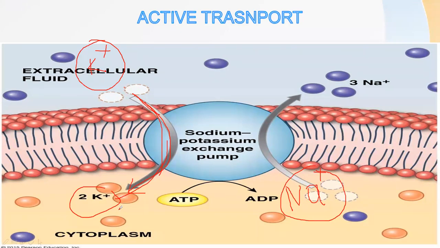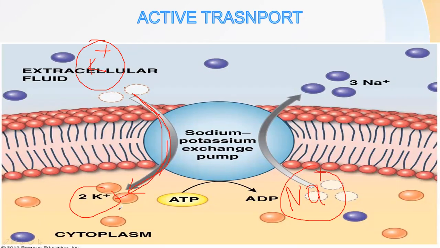To move these ions they use the carrier transport. First, this carrier transport catches some sodium ions and brings them outside of the cell. Once the sodium ions get outside, right away these potassium ions attach to the same carrier proteins, and these carrier proteins bring these potassium ions inside of the cell.